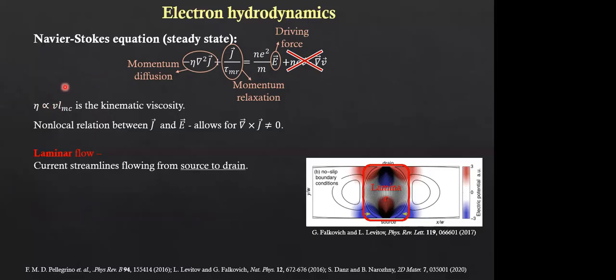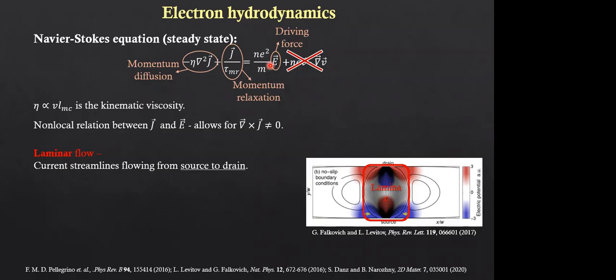So if we are increasing the electron flow velocity, then the kinematic viscosity increases, and that gives a more nonlinear relation. The nonlinear relation between J and E increases, and that also gives more chances to go from laminar to vortical flow. So yes, that answers your question.